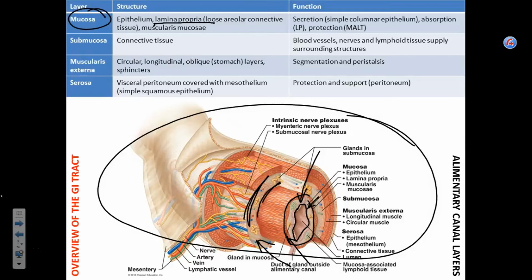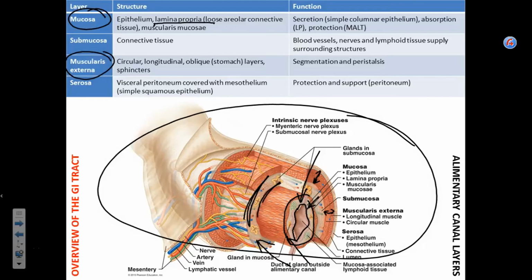And then the third layer will be muscularis externa, the outer layer of muscles. Here on this image, it is shown right here. So that arrow that I just put shows you the thickness of the muscularis externa layer. It's going to have at least two layers of smooth muscle, longitudinal and circular.